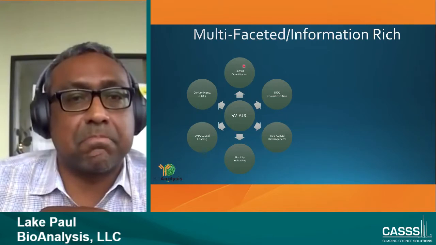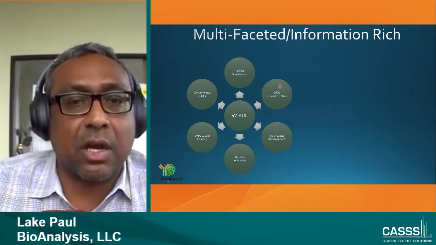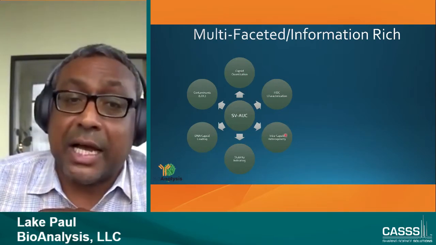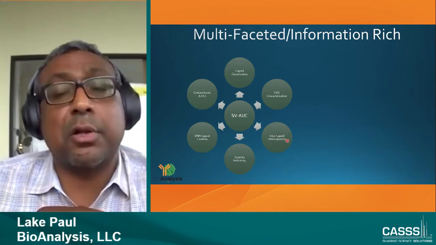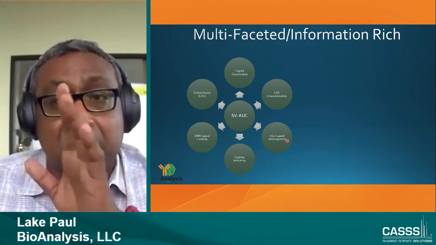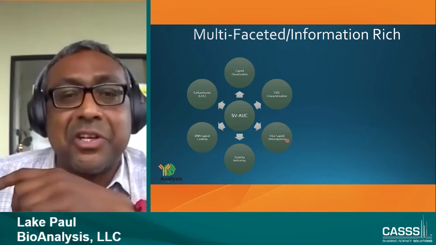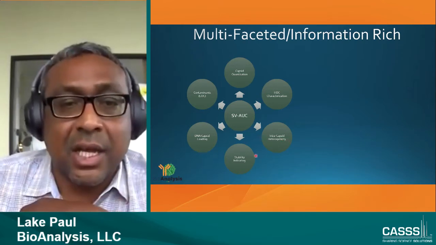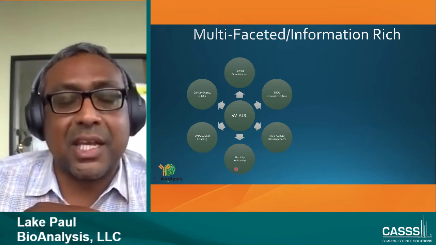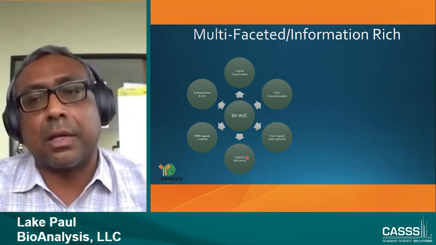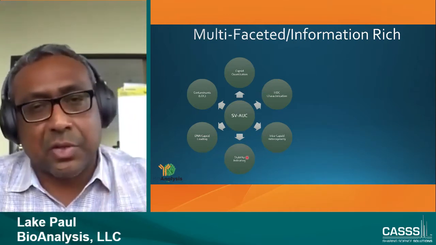Well, you can get capsid quantitation, AUC characterization. Do you have multiple species that are close to your full capsid that are not partial? This is called an intracapsid heterogeneity analysis. Yes, it is a stability indicator, and I'm not only talking about just looking at your HOS or HOCs.